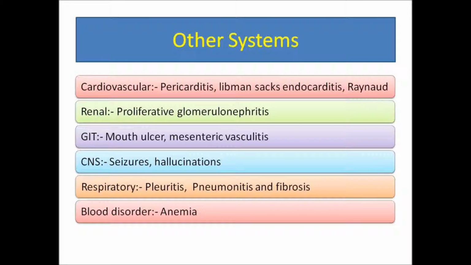Okay, the patient may also get Libman-Sacks endocarditis, and this is a specific type of endocarditis in which there are non-bacterial sterile vegetations formed at the endocardium and the heart valves. Also, there may be Raynaud's. Raynaud's phenomenon is common in SLE. Actually, a common presentation is arthritis with Raynaud's phenomenon.